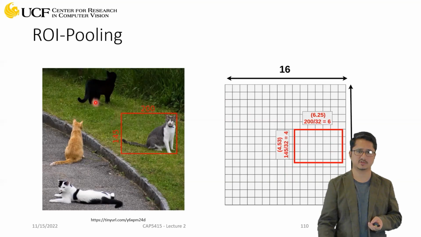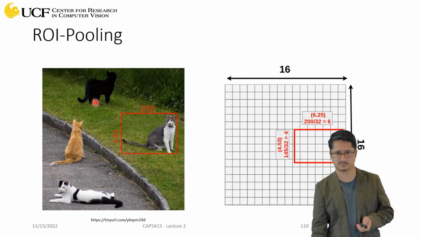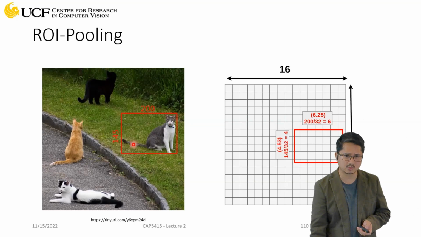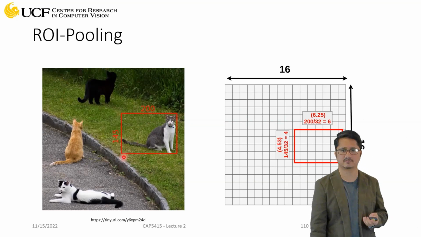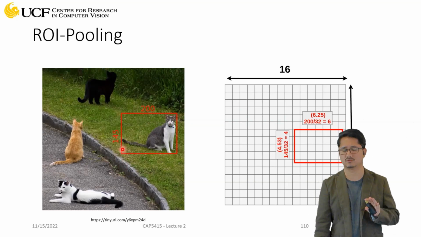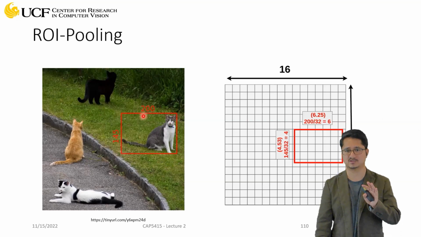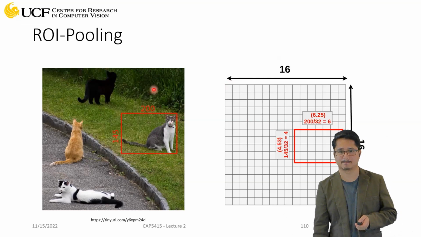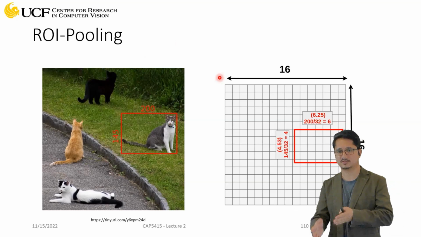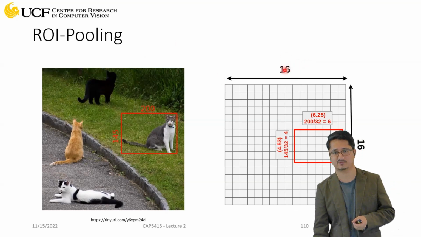Let's say your input image is 600 cross 600, and your proposal is like 200 cross 145. So don't pay too much close attention to the exact numbers, but just try to understand the concept. And let's say the image resolution is going from 600 cross 600 to 16 cross 16. This is your activation feature map size. So if you try to map this bounding box over this, it will lie something like this.